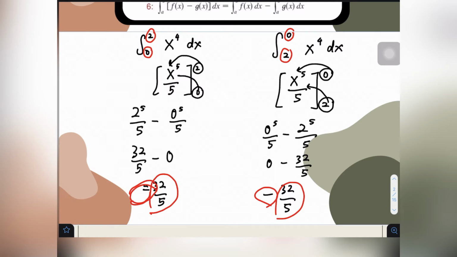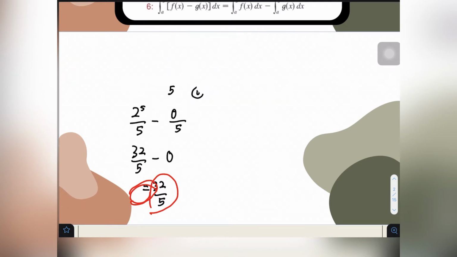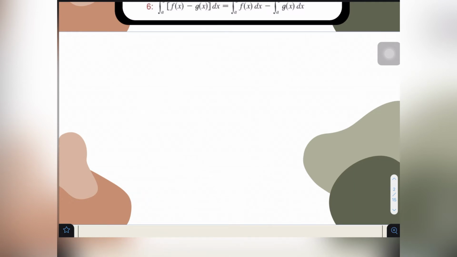So whenever you are given, let's say we have a question that gives you, for example, given that the integration from 1 to 3 of g(x) dx. So g(x) will be any function of x.